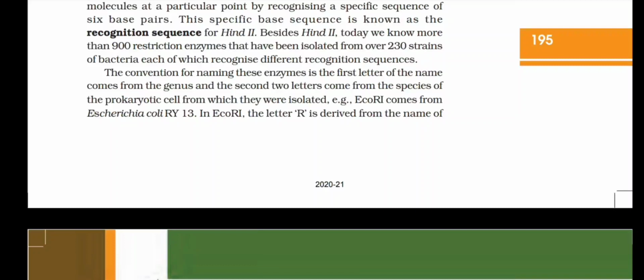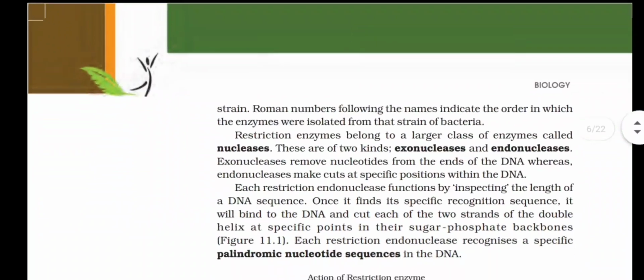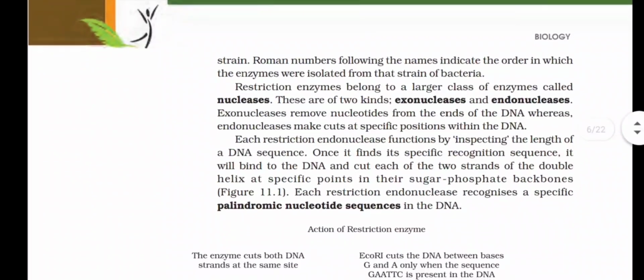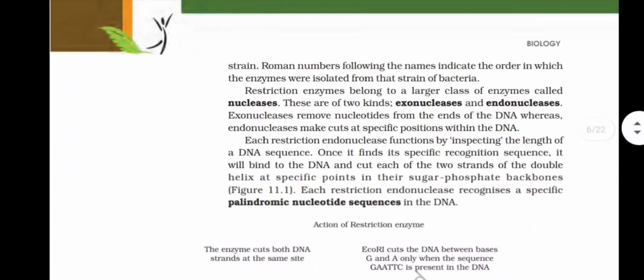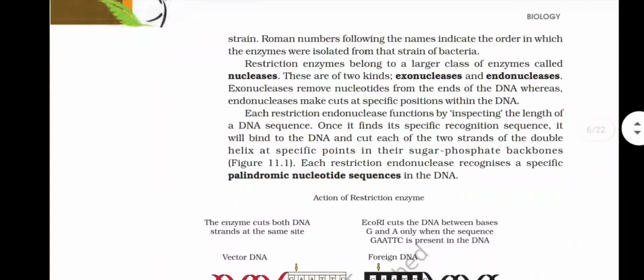For example, EcoRI comes from Escherichia coli RY13. In it, the letter R is derived from the name of the strain. Roman numbers following the names indicate the order in which the enzymes were isolated from that strain of bacteria.